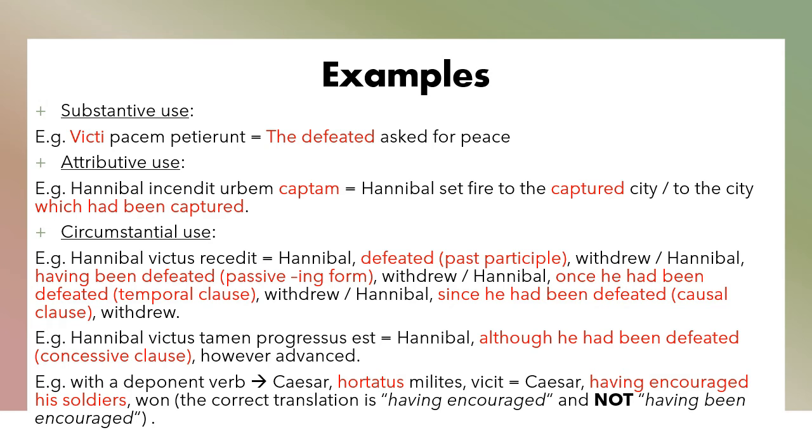So even if hortatus is a past participle, and so we can expect that it has a passive meaning, however, since we're dealing with a deponent verb, this meaning becomes from passive to active. And so the correct translation of hortatus in this case is having encouraged and not having been encouraged. Translating a deponent with the passive form, as you know, is a mistake in Latin.